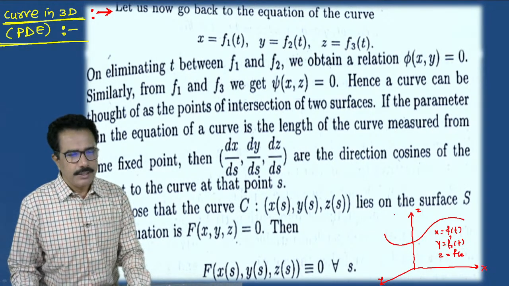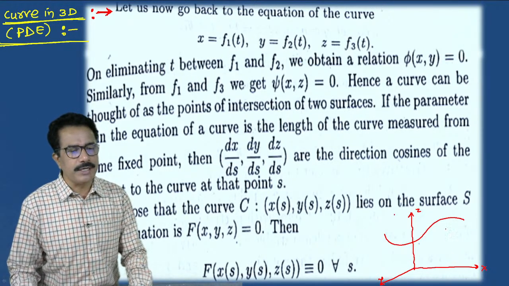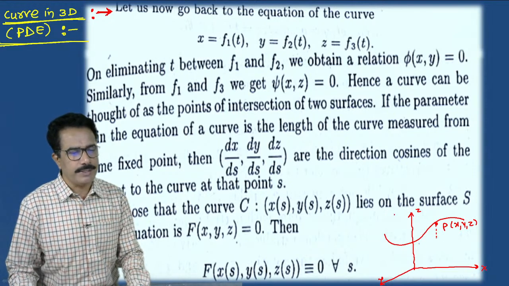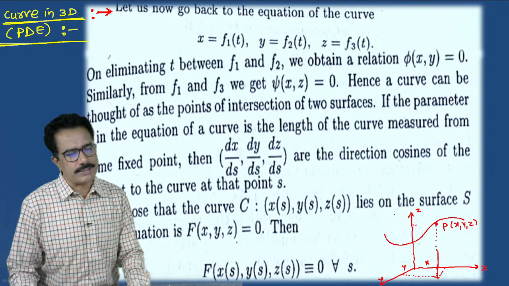Suppose any point on the curve is considered as x comma y comma z. That means this distance on the x axis is x, the distance on the y axis is y, and the vertical distance on the z axis gives us z.